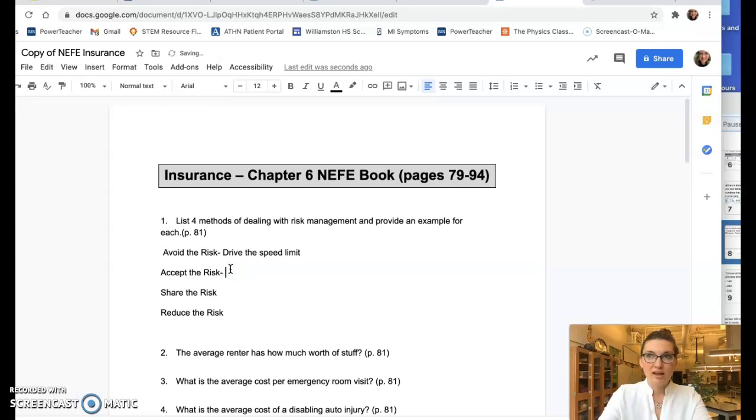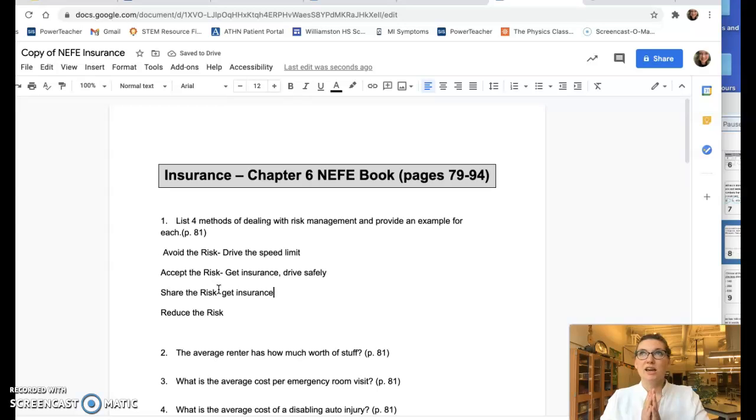Accept the risk: get insurance would be like protect yourself basically. Well, accept the risk, maybe drive safely also. Share the risk is also something you can answer with get insurance. Share the risk means that we're talking about risk in a financial sense here.